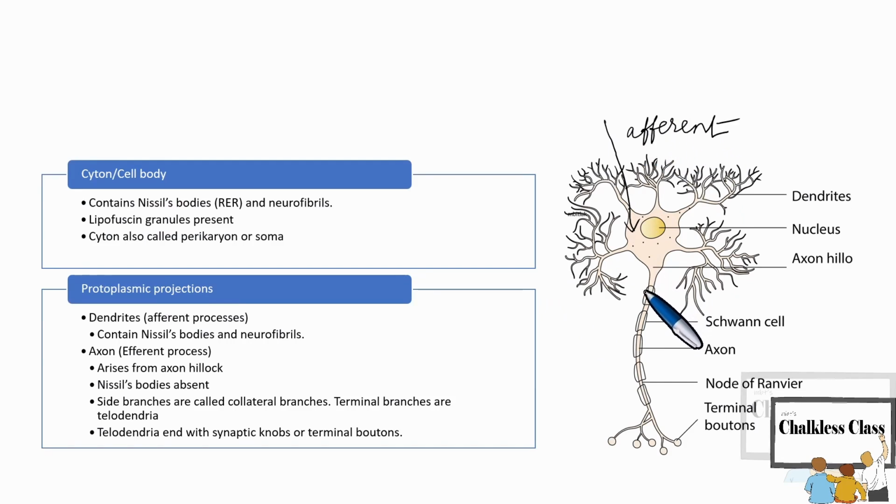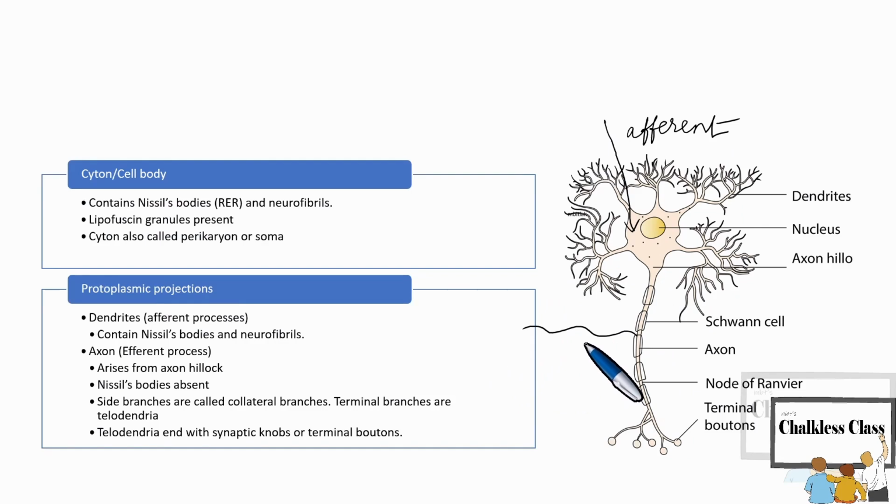Next one, the axon. The axon is the longest protoplasmic process of the nerve cell. This axon may have some side branches. These are called collateral branches. We should not get confused with the term collateral glands.